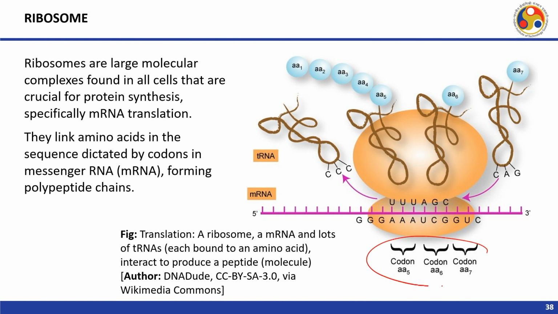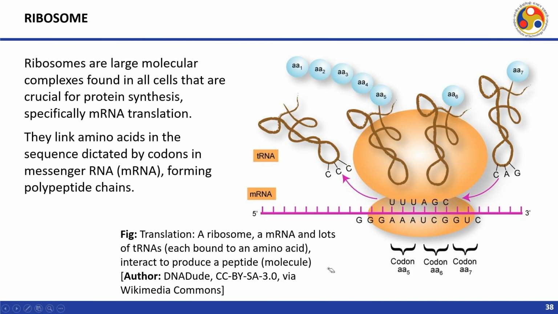So, you can see here the codons, and this is the mRNA, and overall this is the ribosome having two subunits, the small and the large subunit, and these are the tRNAs which bring in amino acids, and the codon dictates the sequence of these amino acids to be formed into polypeptides inside this polymerizing machinery.